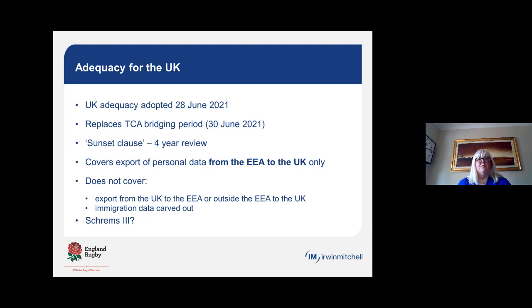I think that's definitely recognised by the Commission, because in addition to the 4-year review period, there is also an ability for the Commission to review the position and change what's been decided from an adequacy point of view if they have what they call a problematic divergence. So clearly there is concern within the Commission that UK law may change from a data protection point of view.